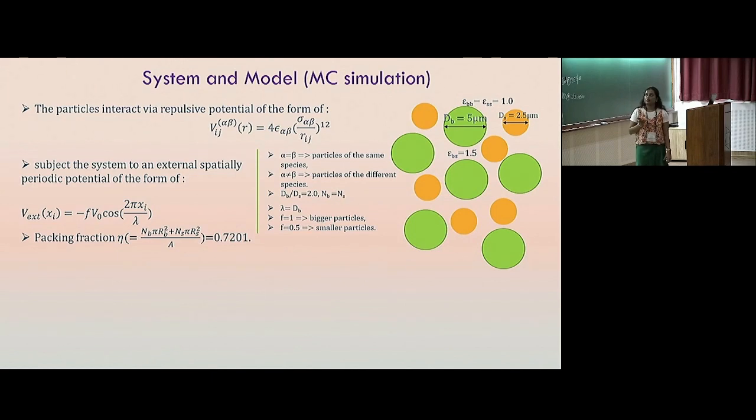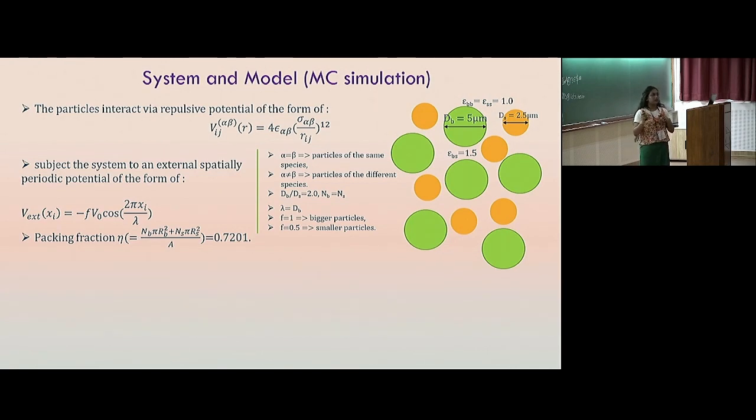We take a two-dimensional system with two different types of particles, one having a diameter twice that of the other, which interact via this kind of repulsive potential, where epsilon alpha beta is the interaction strength, alpha and beta signifying the two species. We take the small-small and big-big interactions to be 1, but the small-big interaction to be 1.5.